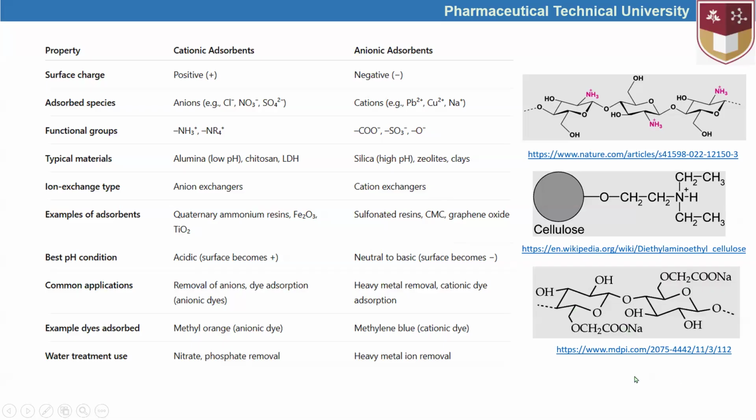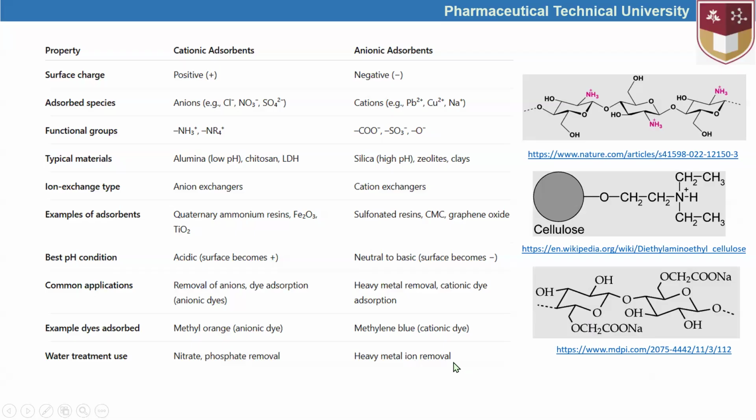I mean, the functional group is ionized and it turns into a carboxyl group. So then this carboxyl group can be effectively used to hold positively charged ions like the ions of heavy metals. So then they can be removed from the system.